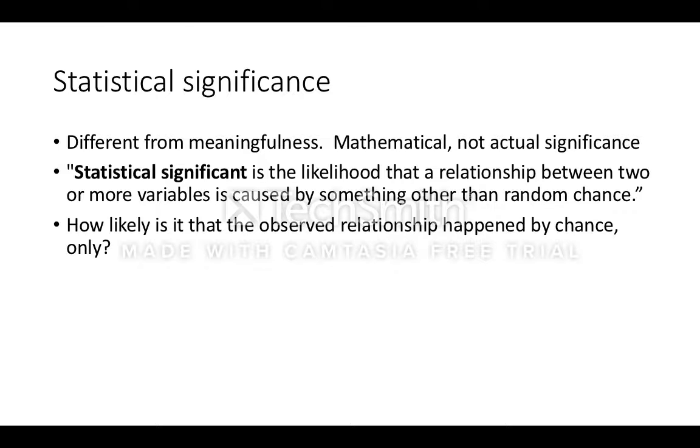So statistical significance is a way of quantifying the probability or likelihood that a relationship is meaningful as opposed to just a result of the randomness and uncertainty of the world. But again, this is mathematical significance. It's not actual significance.